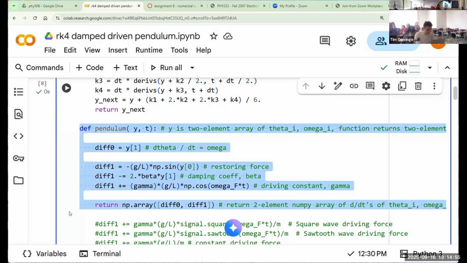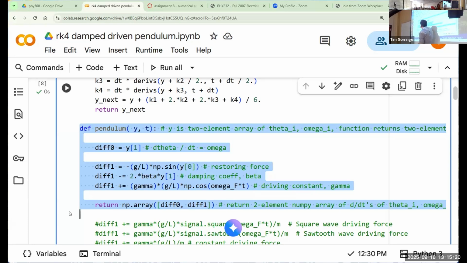It's just a choice to split it into 3 lines. This is the differential equation where omega prime equals these terms that correspond to restoring, damping, and driving forces. And I just add them in one by one.